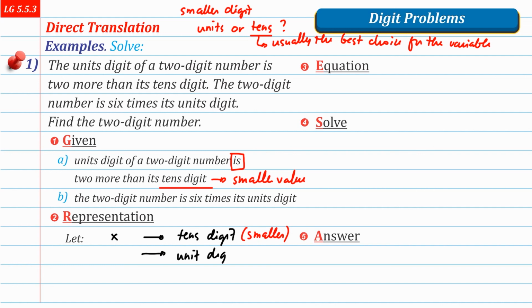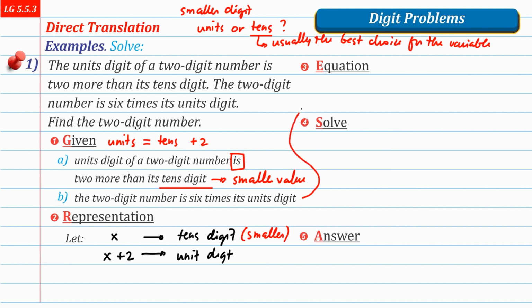Sabi dito, the units digit of a 2-digit number is 2 more than its tens digit. So, units digit is equal to tens plus 2. Pwede x plus 2. Do you get that? Naintindihan ba yun? Okay.